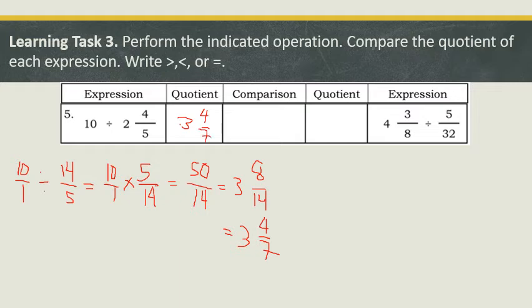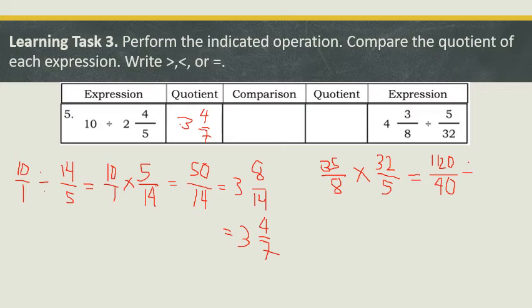Then next, so yung 4 and 3/8 ay equivalent sa 35/8. So, gawin natin times. Yung 5/32 ay magiging 32/5. So, 35 times 32 is 1,120. 8 times 5 is 40.